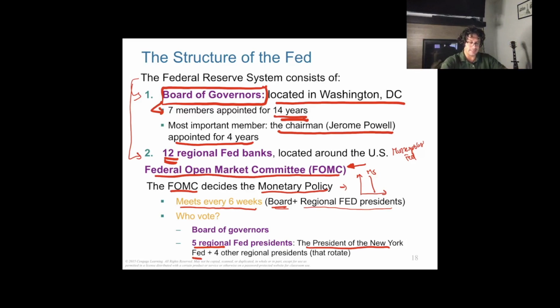Because of that, the New York Fed has a particular role. So its president is always present and always votes. The other 4 regional presidents rotate, and they are picked from the 12 regional Fed banks.